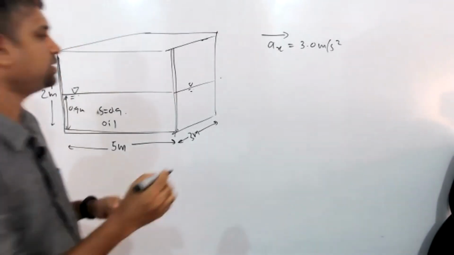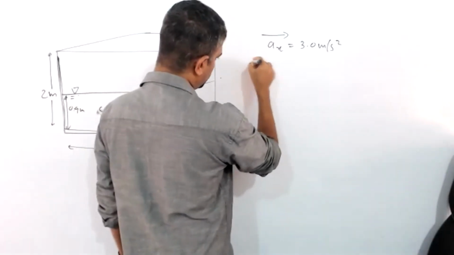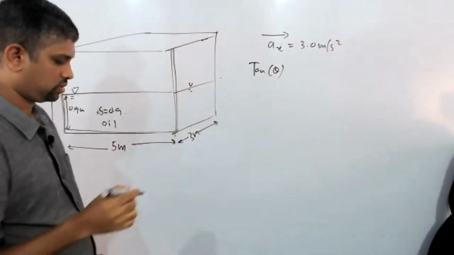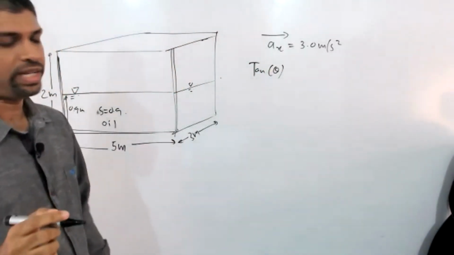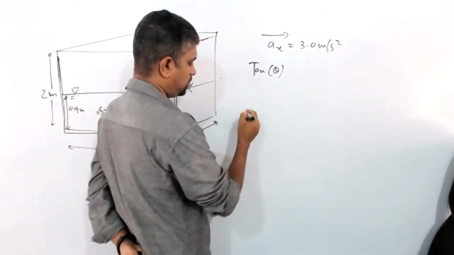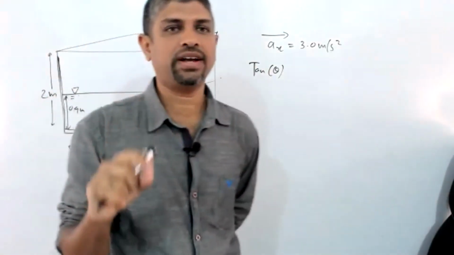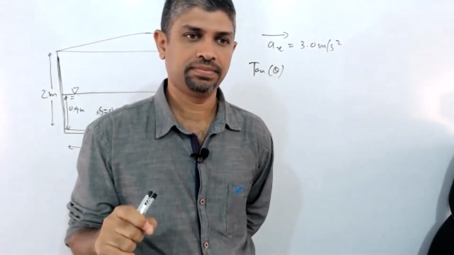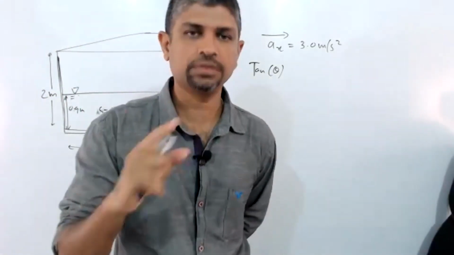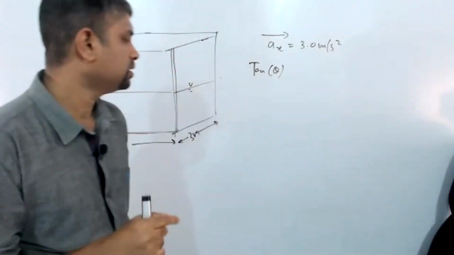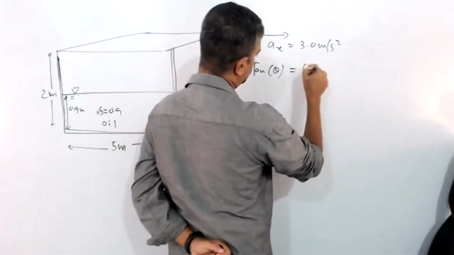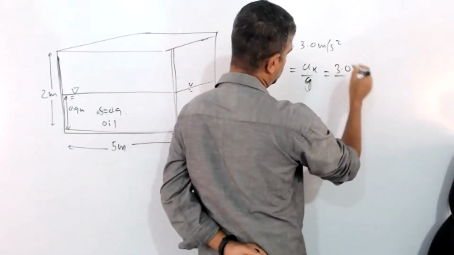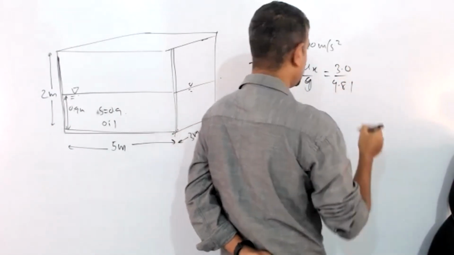Initially we can calculate the expected inclination. I will explain all the basic facts along this example. So tan theta is given by a_x over g, 3.0 over 9.81. You have to put 9.81, right?